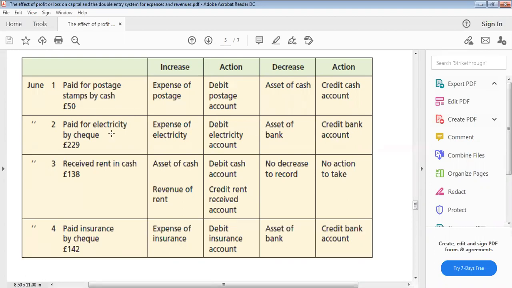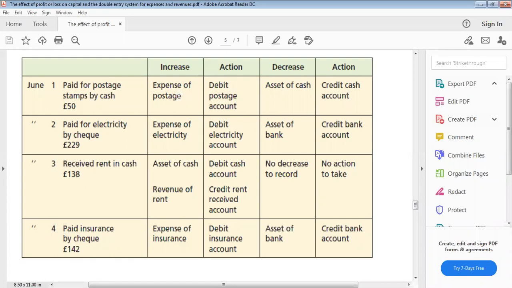Good. June 3, you receive rent in cash. Note the word received. Remember, when you're doing accounting, you're doing accounting from the business perspective, all right? At all times, remember that, please. So received rent in cash, $138.